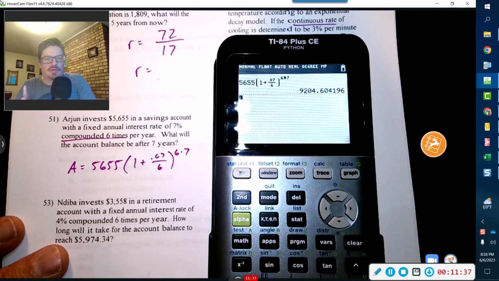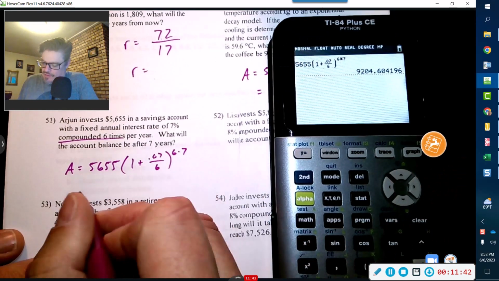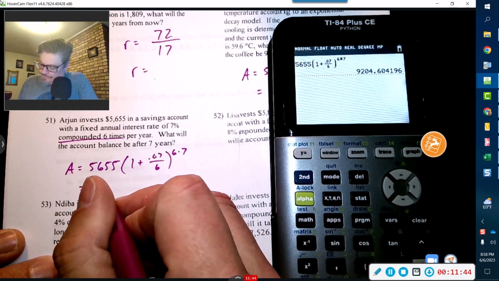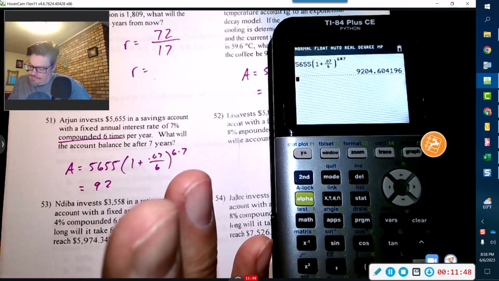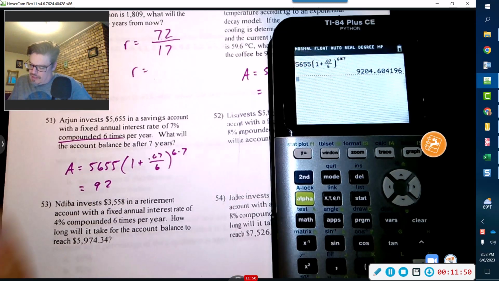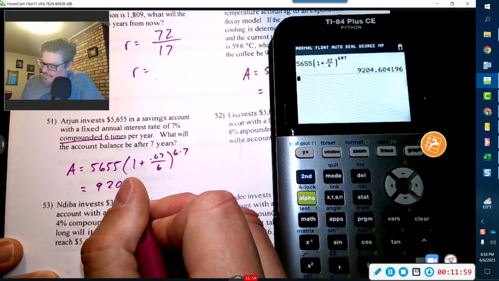I think annual is 7%. Yes, 7% is kind of high. So 9,000. I feel like that's still just a little off. I'm going to double check this. 6 times per year, 7%, 7 years. Yeah, that's right. Okay.